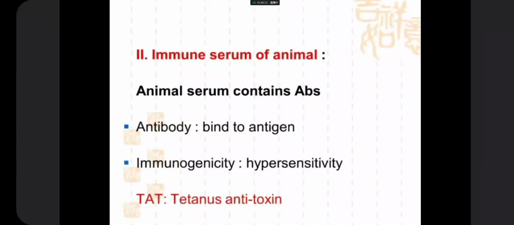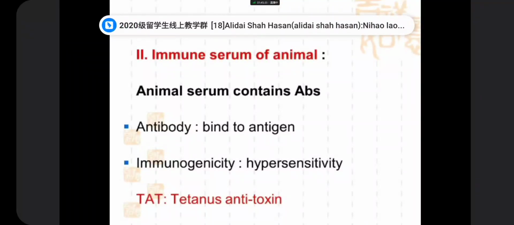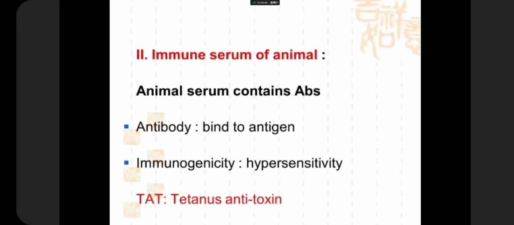The immune serum contains antibodies. The antibodies can bind to antigen to protect our body, but the immune serum comes from other animals, other species.